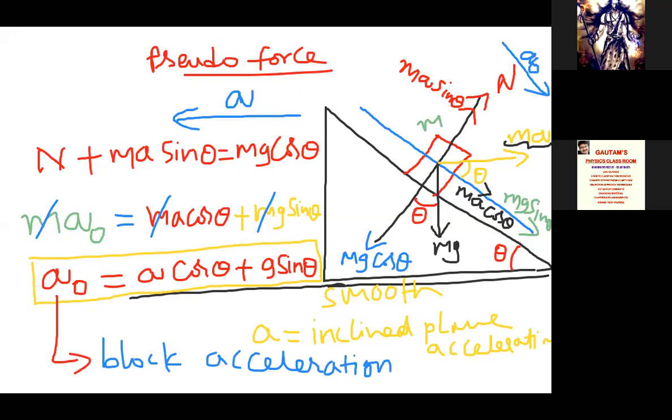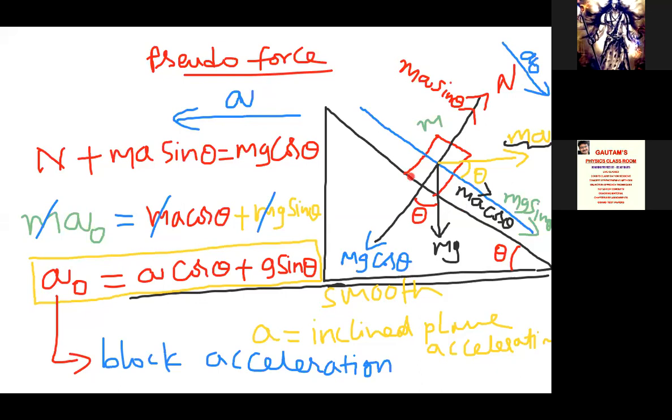Now I hope you are clear with this application. What I did, I have taken one inclined plane and placed it on the smooth surface, and the inclined plane is moving towards left with an acceleration a. So exactly opposite to the acceleration, a pseudo force acts on the block placed on the inclined plane.